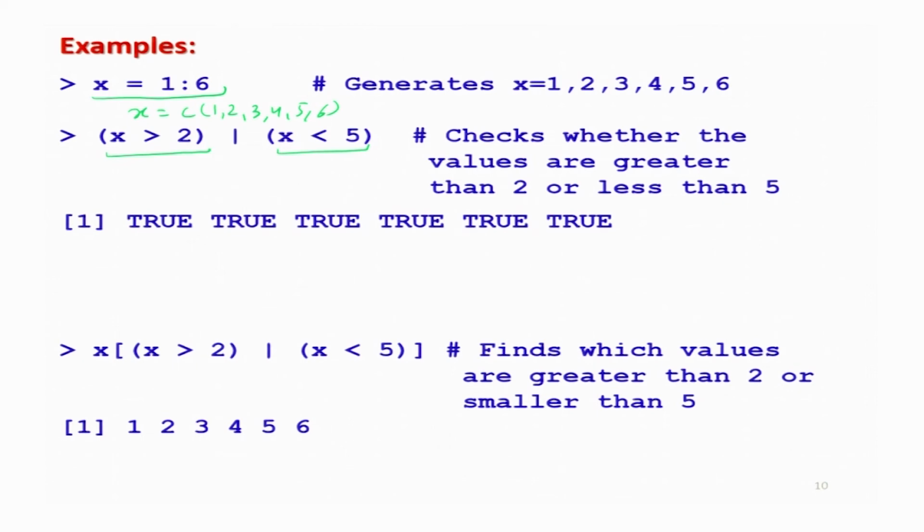So, what will happen? With the same operation, x will choose the first value 1 and check whether 1 is greater than 2 or 1 is less than 5. Since you have given only a single operator, the control will go to the next value also, and it will check for x equal to 2 whether 2 is greater than 2 or 2 is less than 5.